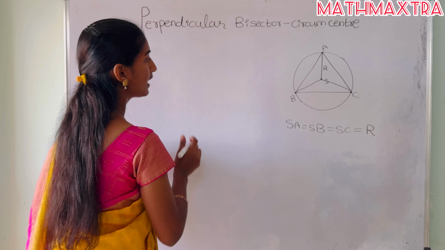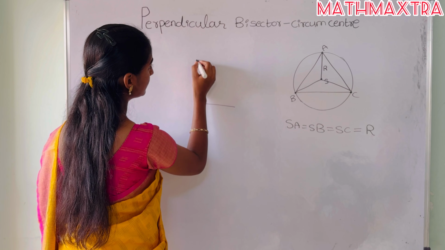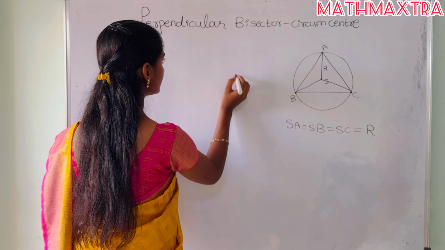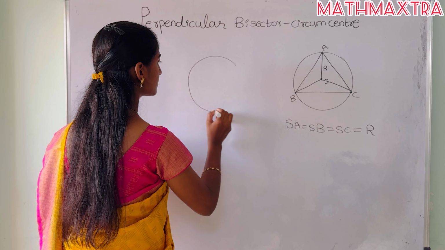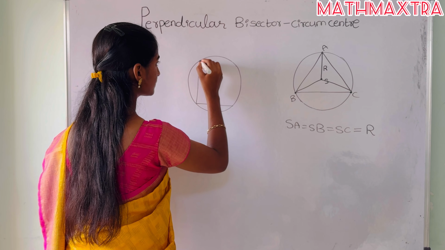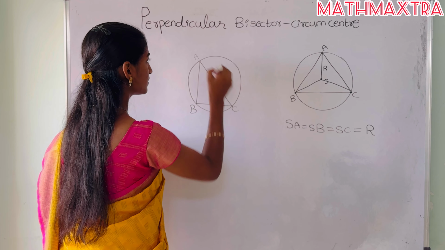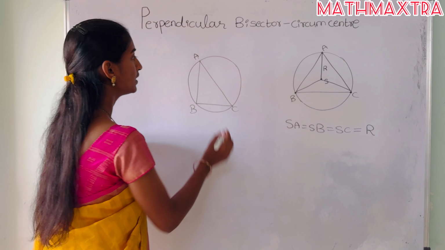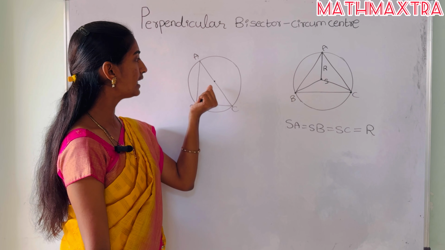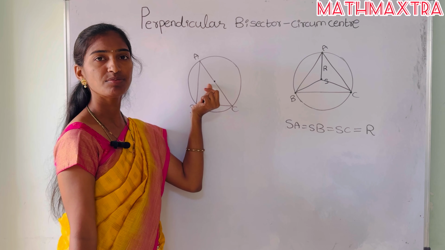If you consider a right angle triangle, so this is a right angle triangle. Just now we have seen that for the right angle triangle, the midpoint of the hypotenuse is always the circumcenter of this triangle.